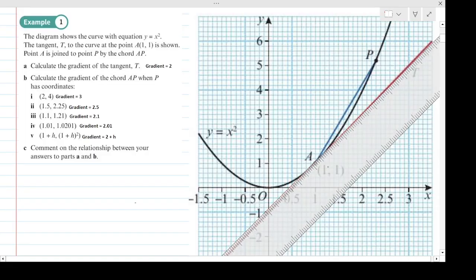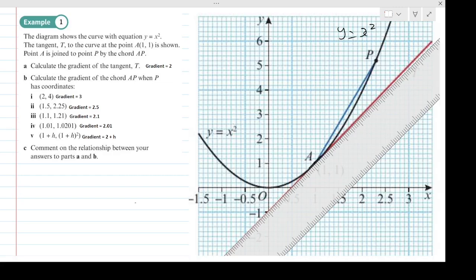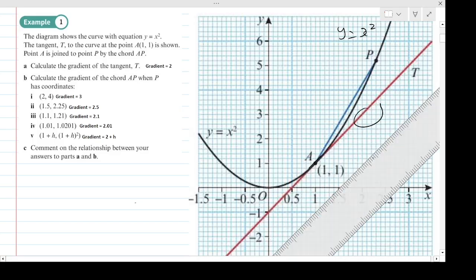Then the gradient of the curve, the x squared, at this particular point, how steep the curve is at that point, is the same as the gradient of my tangent. And with lines, because the tangent is a line, that'll just be changing y and changing x, which we know.